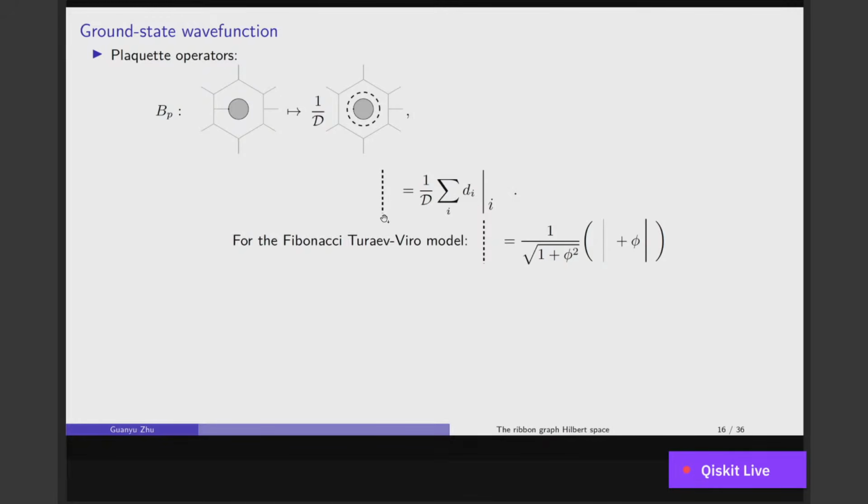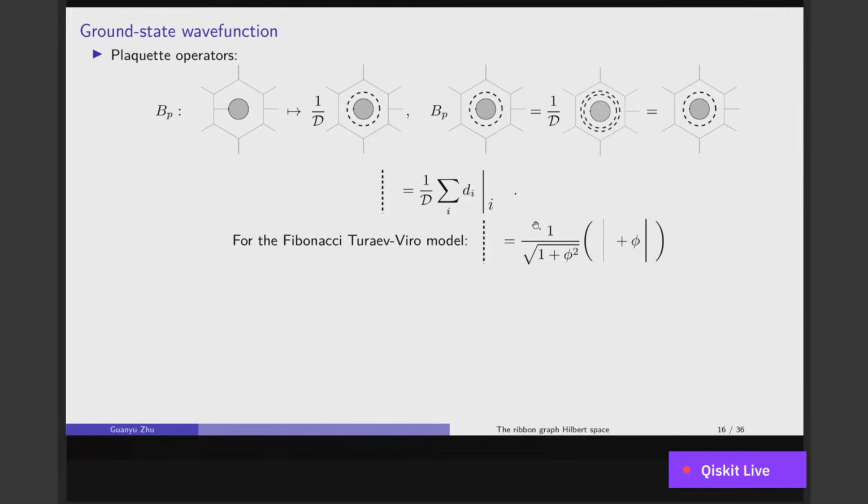This vacuum loop is basically a superposition of all possible string types with a prefactor of the quantum dimension of each string type. And in the case we focus on, the Fibonacci Turaev-Viro model, it is basically a superposition of an unoccupied ribbon, the vacuum ribbon, and the occupied ribbon, which corresponds to a qubit in the 0 and 1 state.